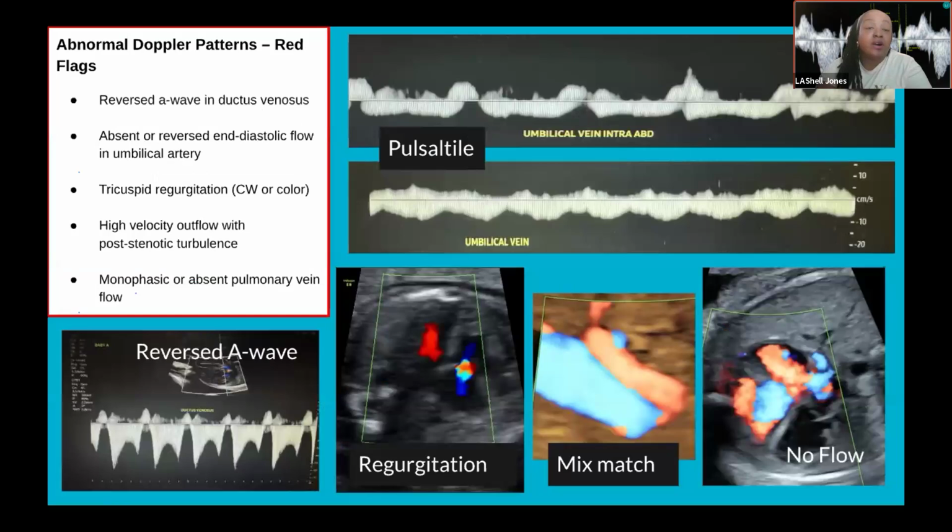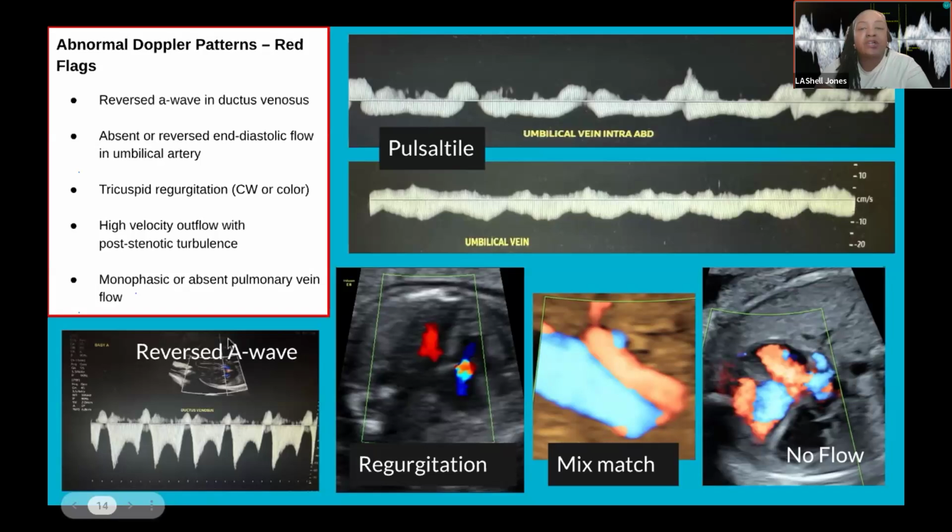All right, now there are some abnormal Doppler patterns that you have to be familiar with. Now, we saw earlier where we had a reversal of the ductus venosus A wave. And so we'll go closer into what's a normal ductus venosus waveform coming up. But for now, here is what a reversed A wave would look like, which you can see S, D, and then a reverse A wave below the baseline.